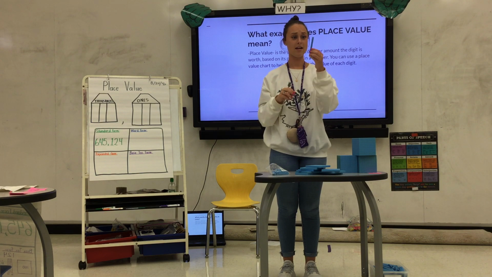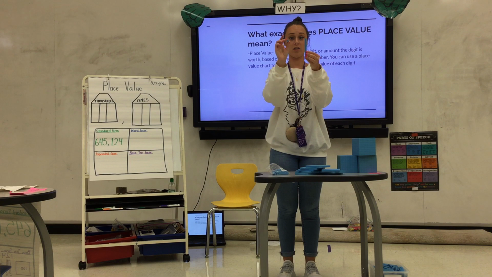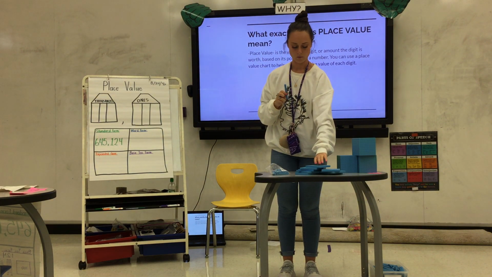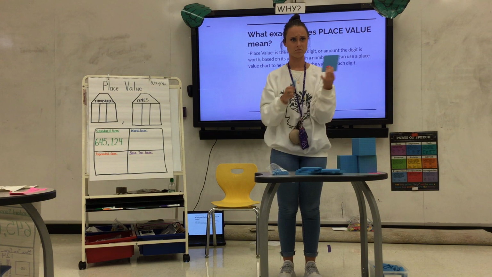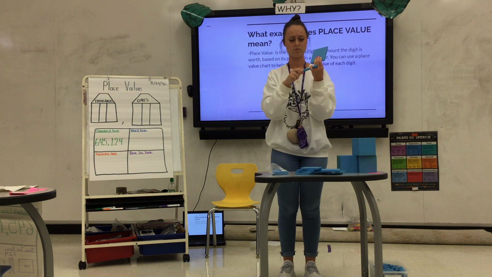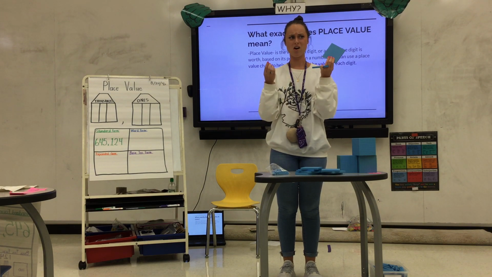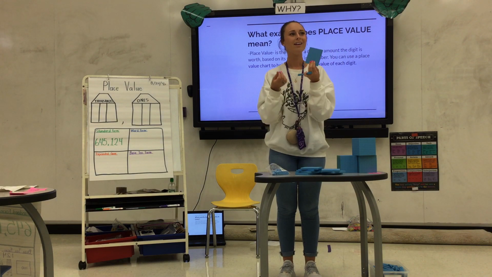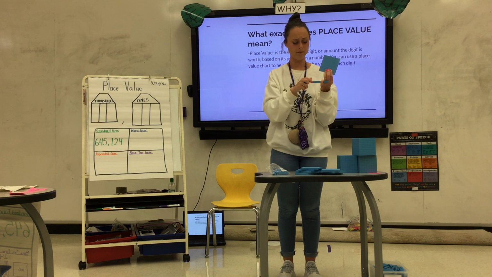Okay, so now you said that this one group of 10 is larger than this one group of 1. Now let me ask, what if I grab this one? I have this one, this is 1, and this is 1. Do they all equal the same amount? No, of course they don't equal the same amount. This is 1.